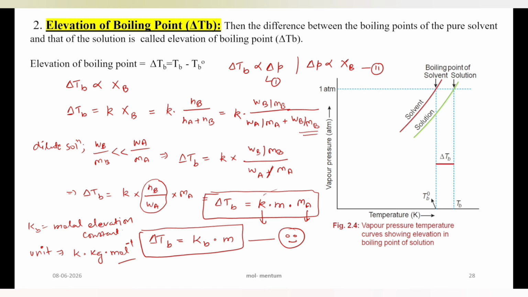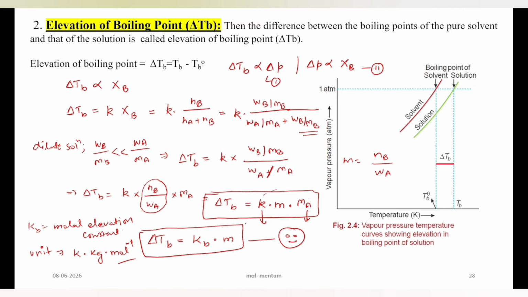One more thing that we can relate from here: delta TB is the elevation in boiling point. So you can see elevation in boiling point is directly proportional to m, molality. And molality can be written as number of moles by mass of solvent.